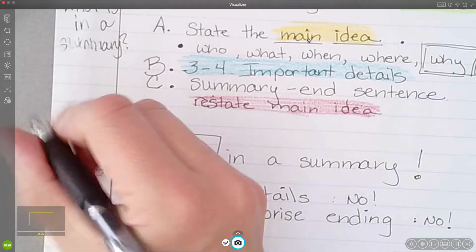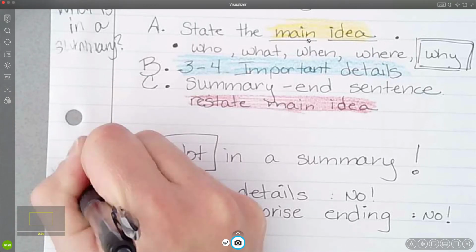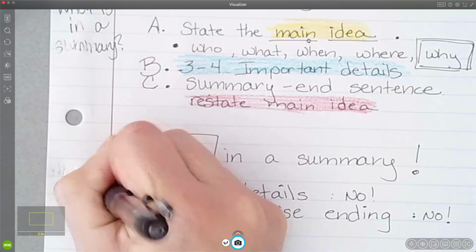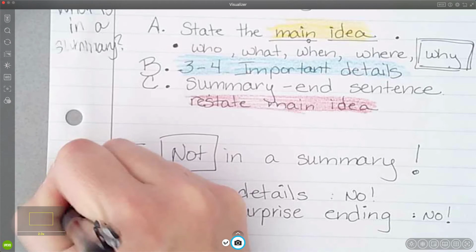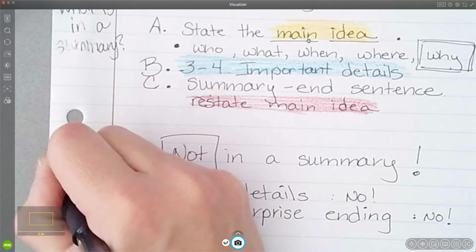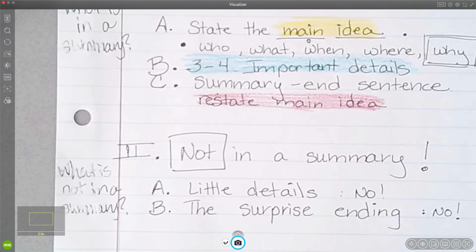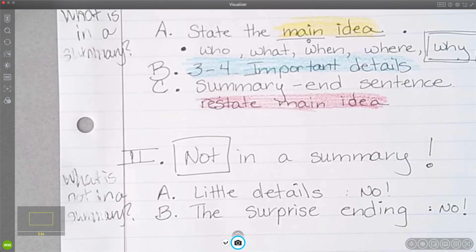What is not in a summary? What is not? Okay.